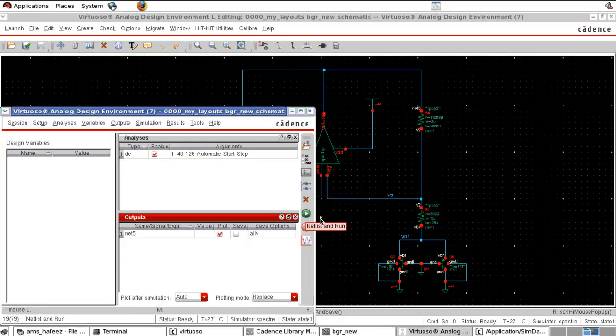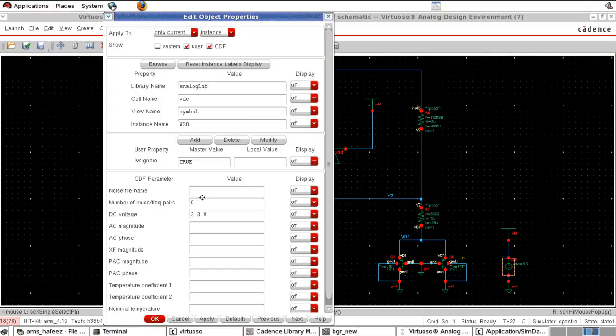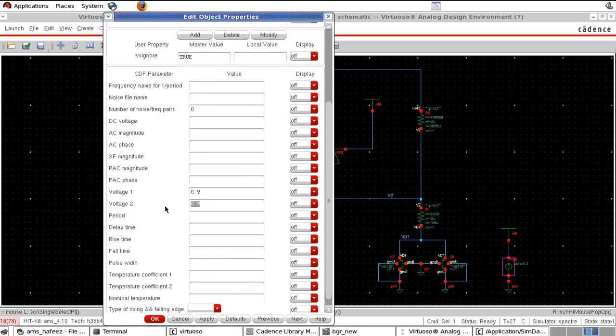So as we did earlier, let us make this a pulse. Instead of a DC supply voltage, we are giving a pulse here, and initially we want the signal to be 0 volt, and after that we need the supply voltage to reach 3.3 volt. 1 second time period, and delay I'm giving again 100 microsecond, rise time also 100 microsecond, and the pulse width 0.5.